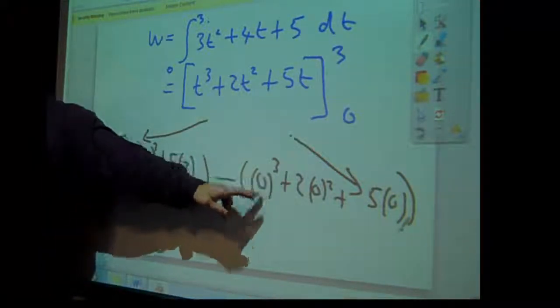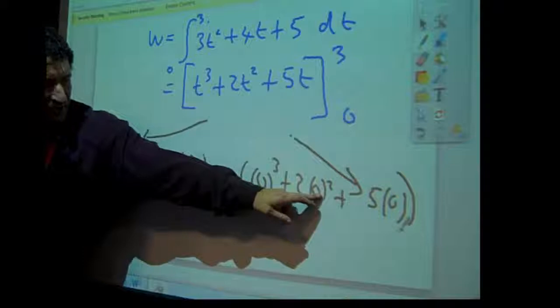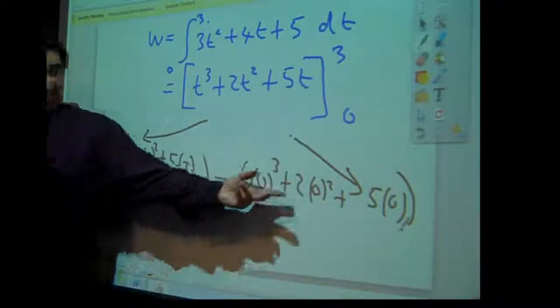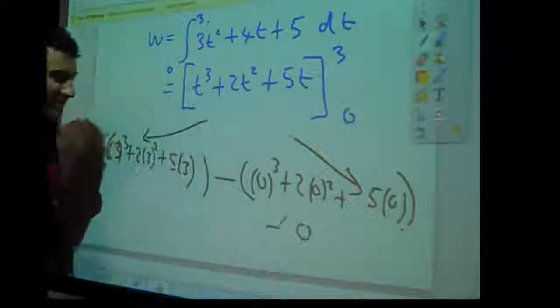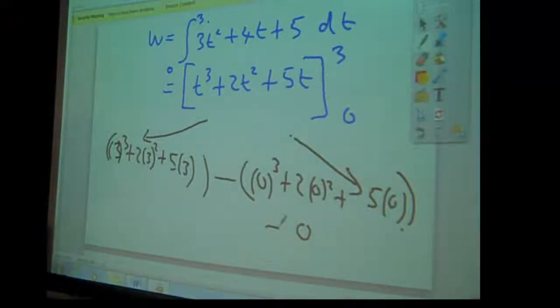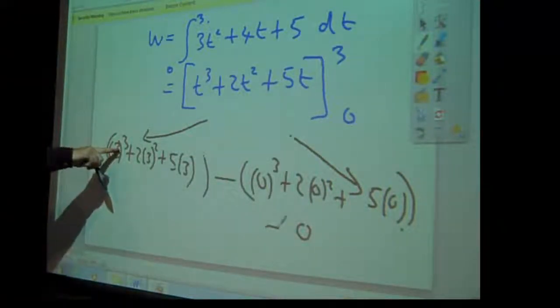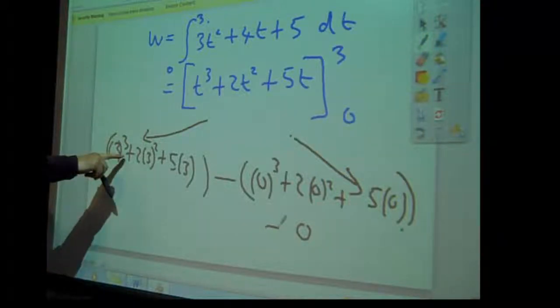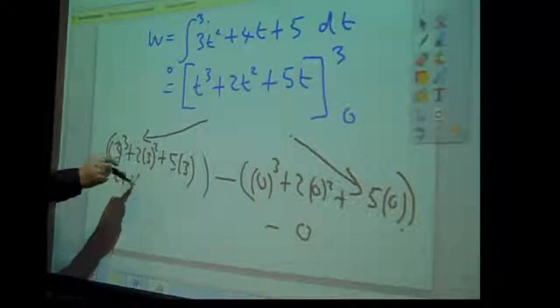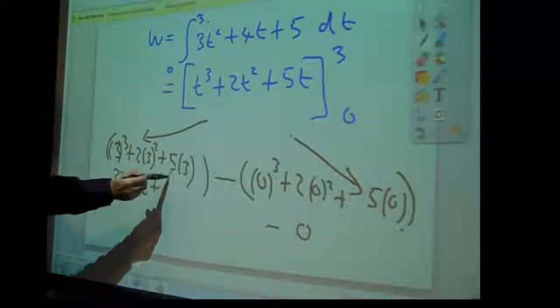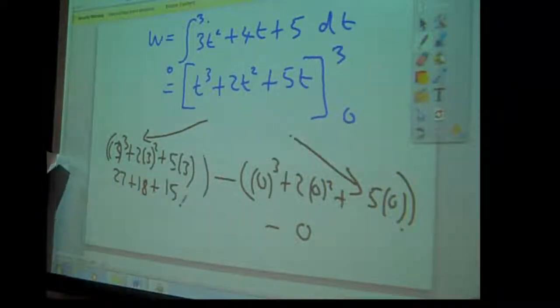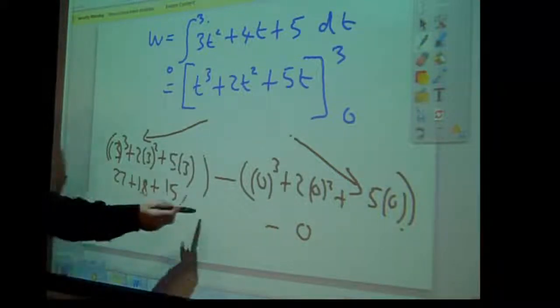Nothing cubed is nothing, nothing squared is nothing, nothing times 2 is nothing, 5 times nothing is nothing, so that's nothing. Right, but we still have to prove it. 3 3s is 9, 9 3s is 27. 3 squared is 9, 9 2s are 18, plus your 15, and I make that out as 60.